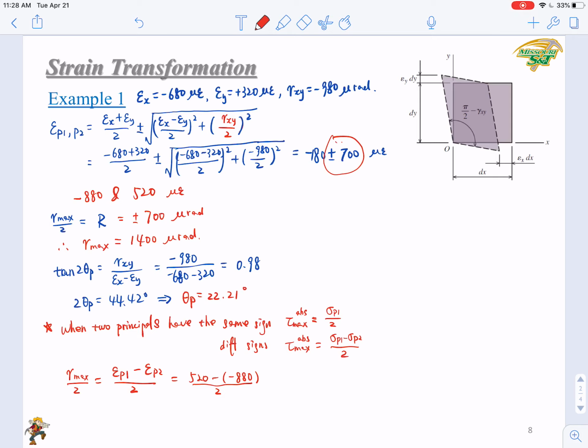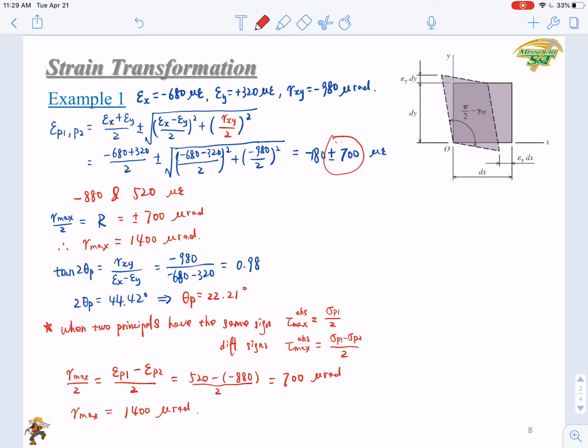That's 700 microradian. So the gamma max will be 1,400 microradian.